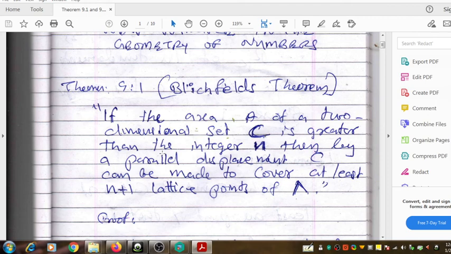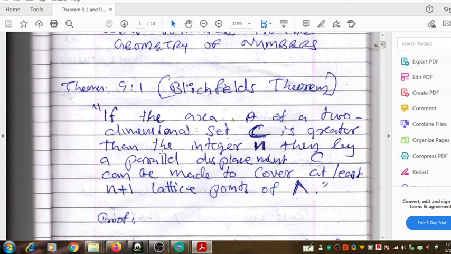Here, what does the theorem mean? If you consider the set C on the plane R2 having minimum area given by the integer n, it must be greater than n, some number greater than n.